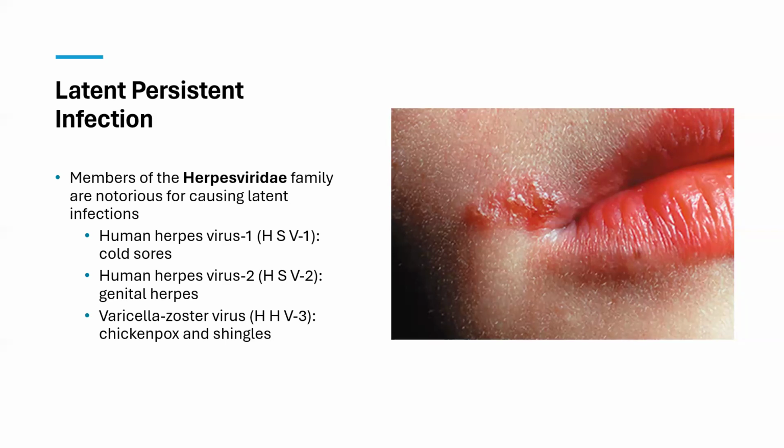However, with each of these, you can have symptoms, and they usually arise under stressful conditions. Then when your body returns to homeostasis, the virus goes back into its prophage form or provirus form.